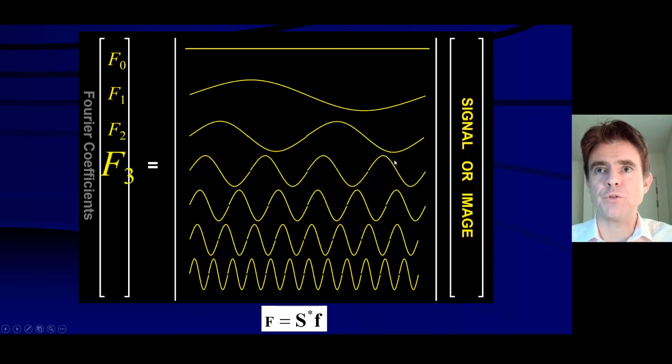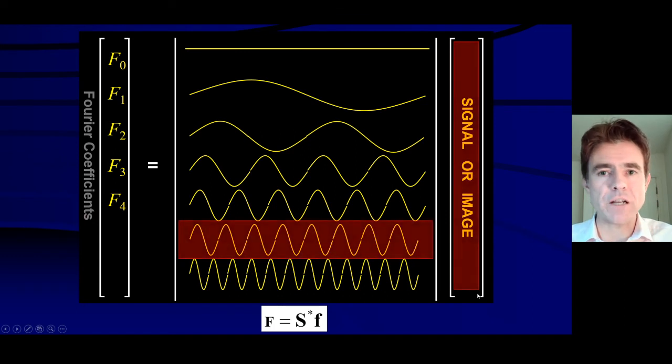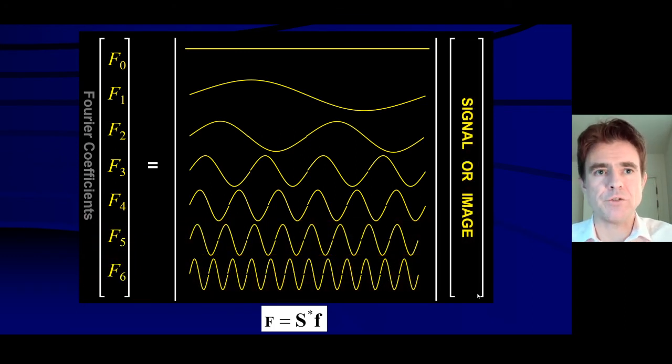So this basis function gets multiplied point by point with the input vector, and then you sum up the result. Obviously there are scaling factors involved in this, and that gives you the amount of that frequency present. So that's just a visualization of the concept of S star multiplied by F.